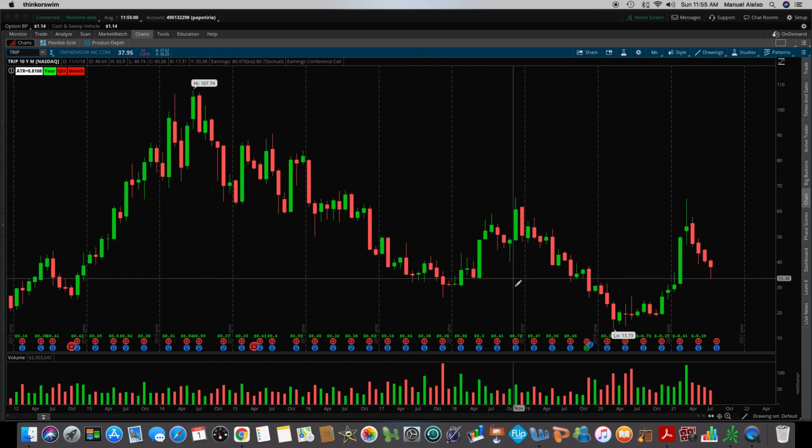And there's a ton of support right around this area here, which is the $30 area, okay? There's a lot of support in the $30 area. And this candle's low, which is 26, so $26 to $30, there's a lot of support in this area.